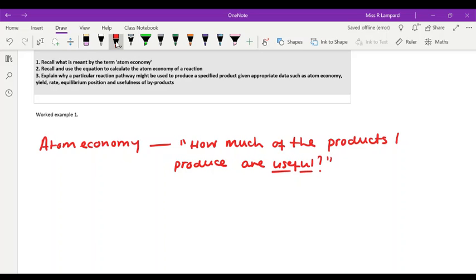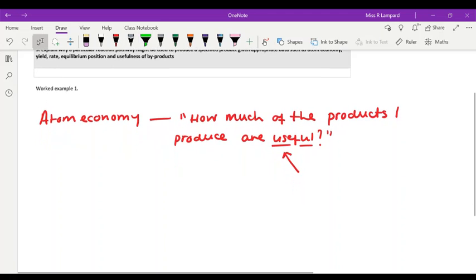Now, this is a really important question for people undergoing chemical reactions, especially in industry when producing products that they're going to then use or sell on: how are we minimizing our waste?